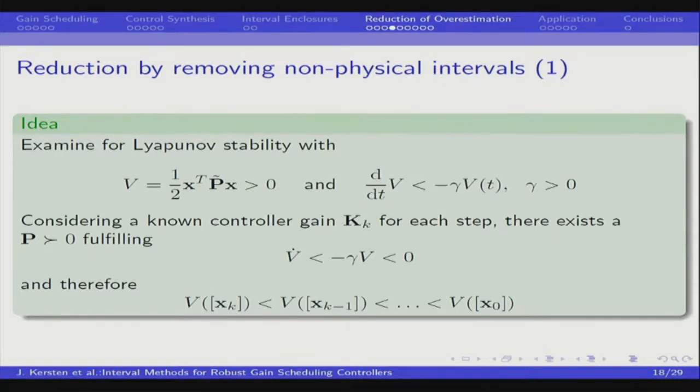That means we examine the Lyapunov stability, where the time derivative should be less than minus gamma times the Lyapunov function, and therefore we consider the known controller gain for each step, which is already given by the LMIs, and search for P, which is fulfilling our equation.